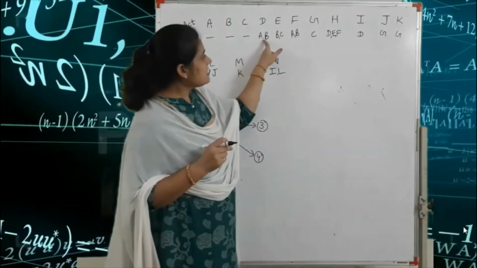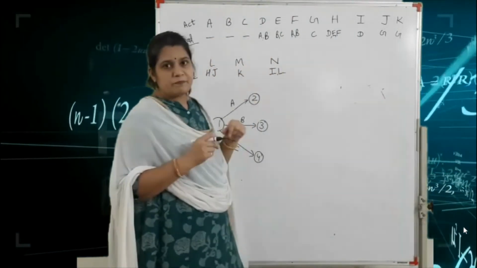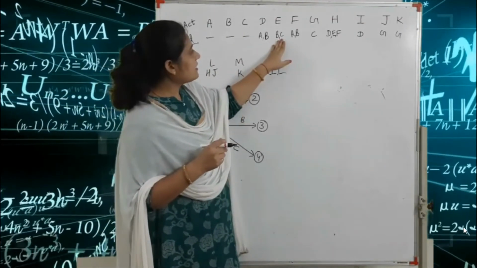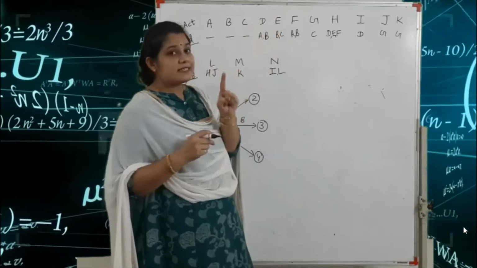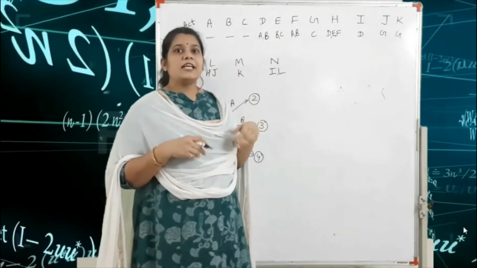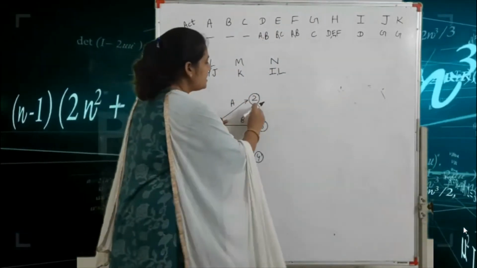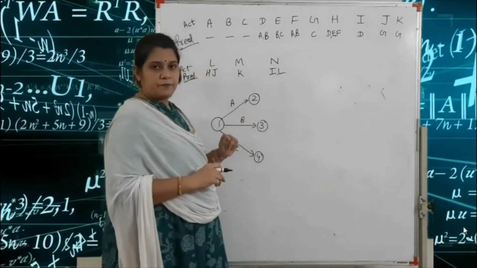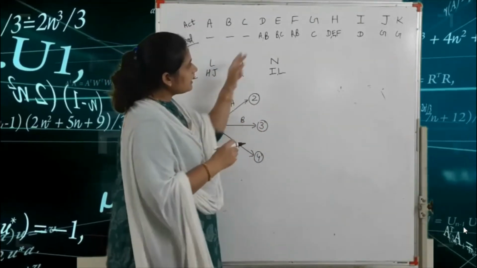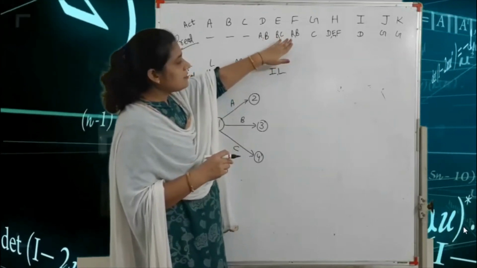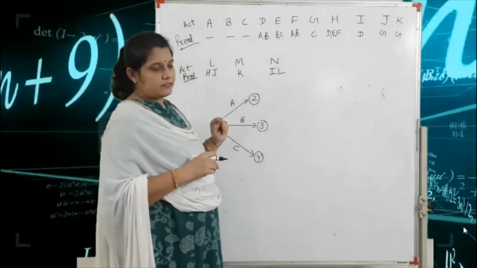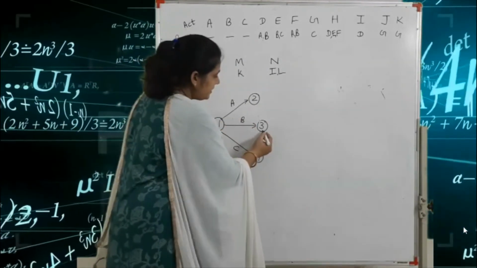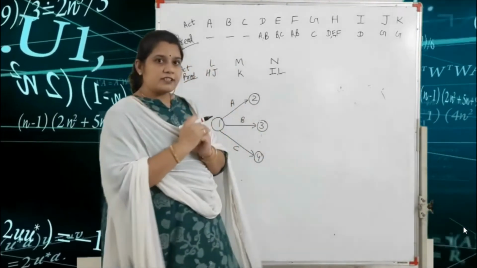But in these three preceding activities, see carefully: when B and C activities are completed, then the E activity starts. If we draw the dummy activity from A to B, and again B, C completed, then E starts.